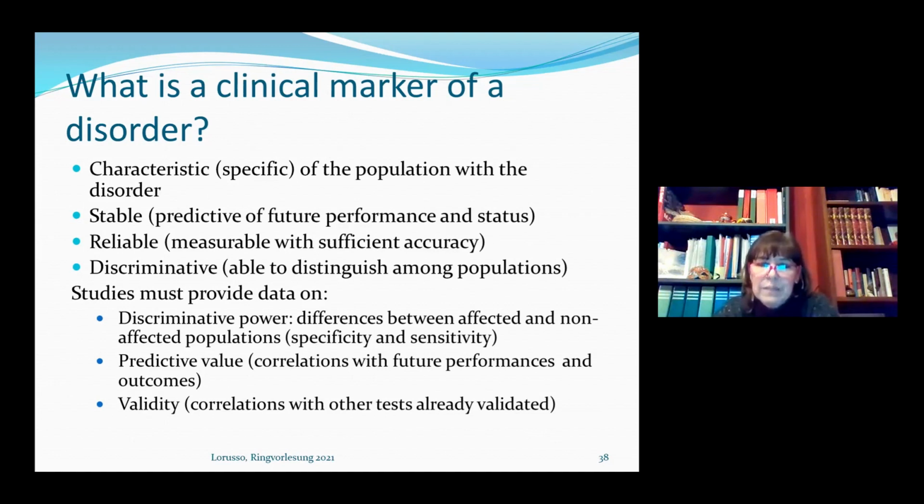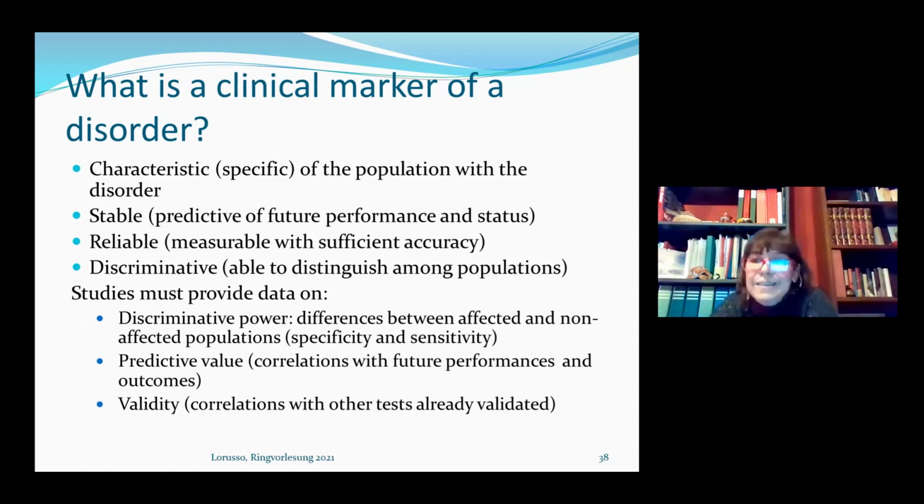It must be discriminative, so able to distinguish among the populations which have and do not have the disorder. This means, in order to know all these pieces of information, we should have studies providing data on discriminative power, so the differences between affected and unaffected populations, in terms of specificity and sensitivity, as we saw before, predictive value, correlations with future performances and outcomes.